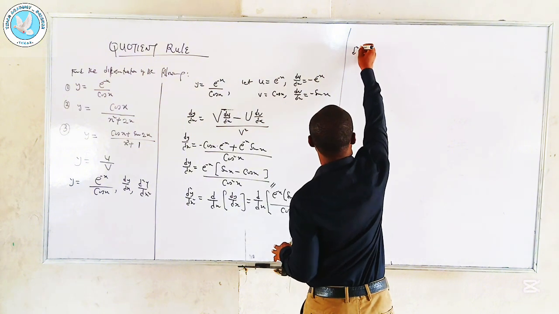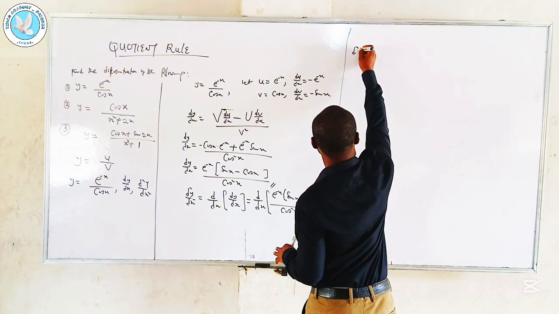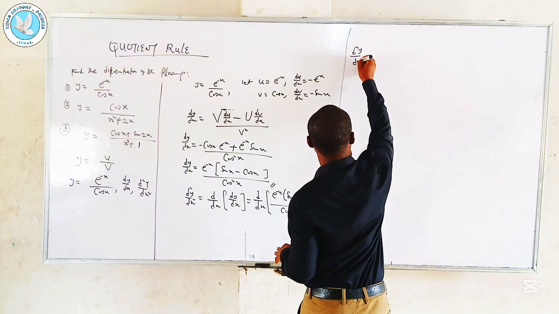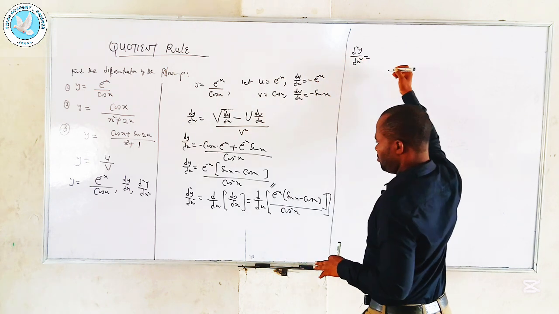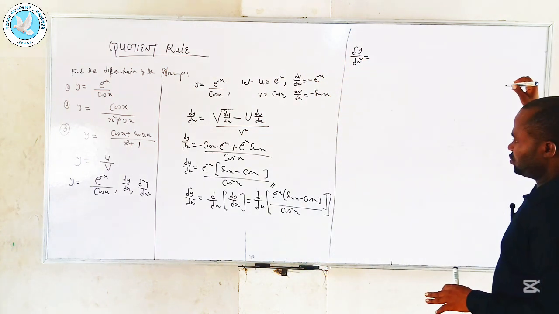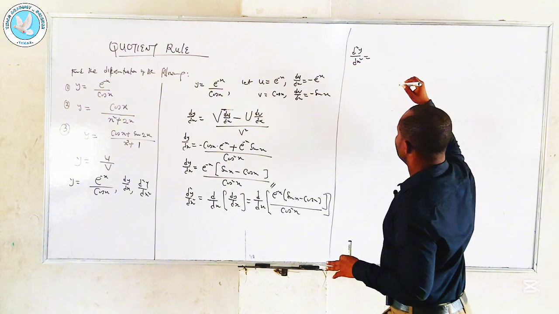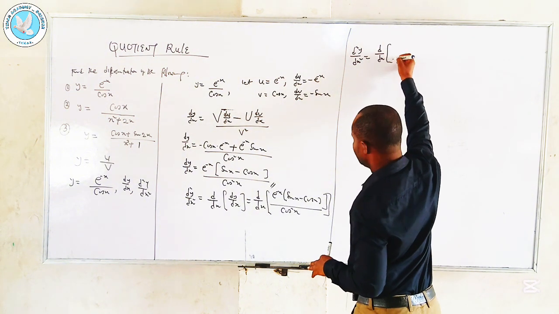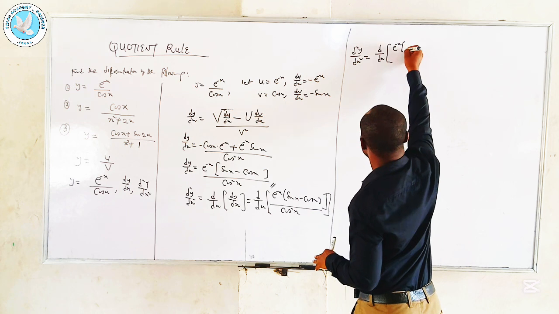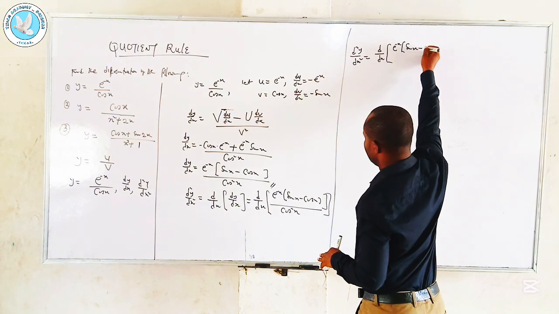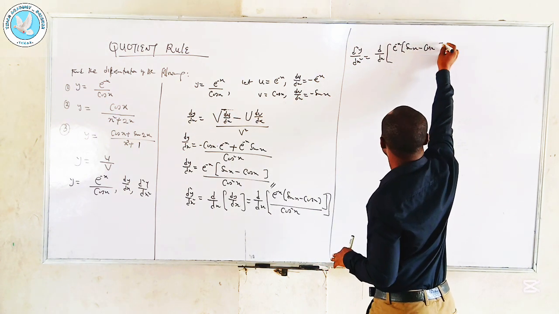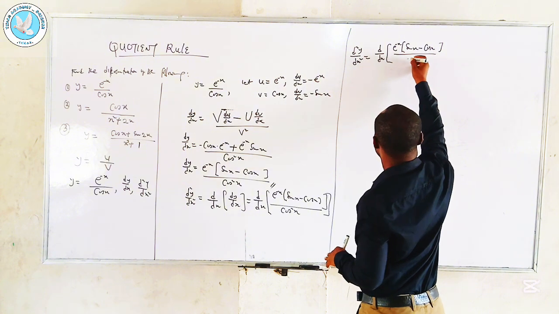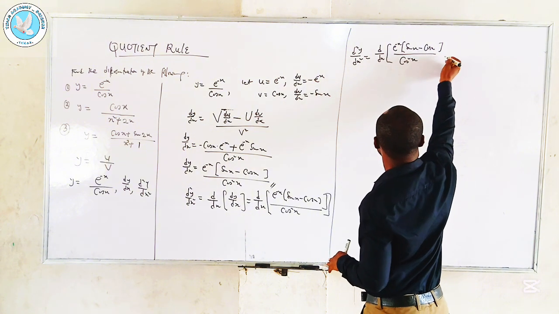So d squared y by dx squared is going to take this form: d/dx of exponential of minus x into sine x minus cos x, divided by cos squared x.